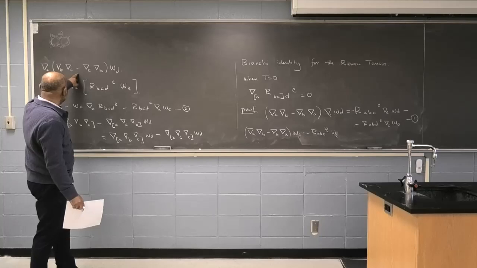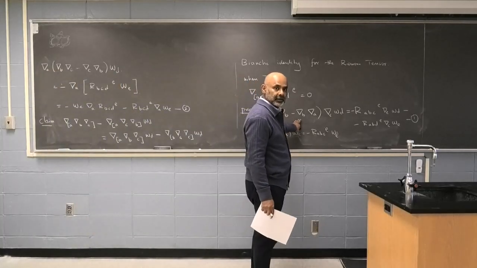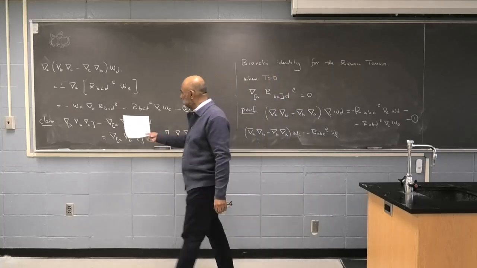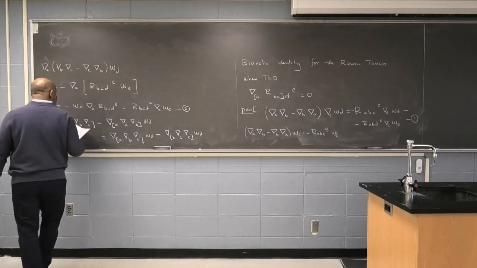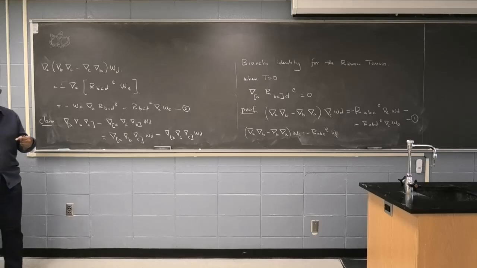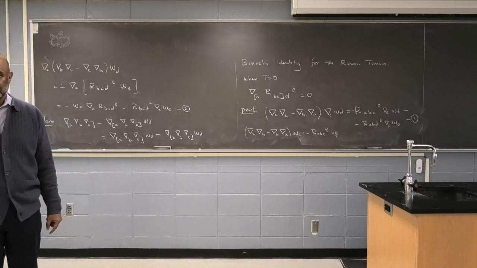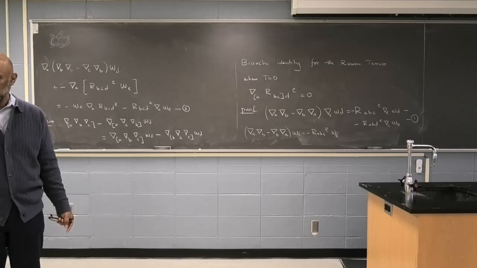So although this looks different from that, the anti-symmetrized product of the left-hand sides are equal. If the anti-symmetrized product of the left-hand sides are equal, what must be true? The anti-symmetrized product of the right-hand sides must be equal, right?